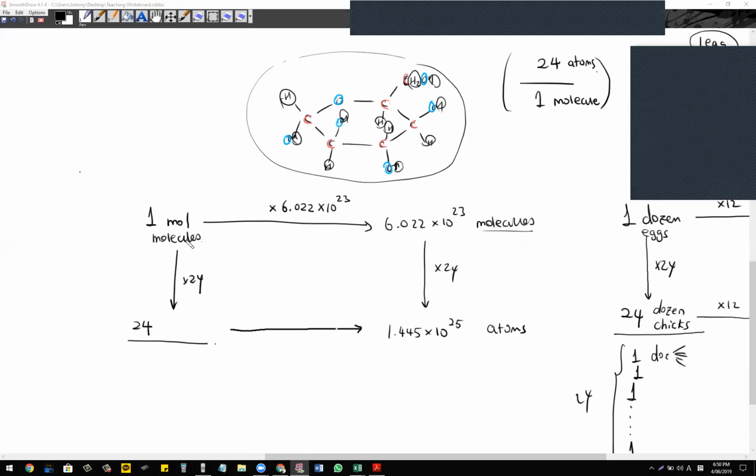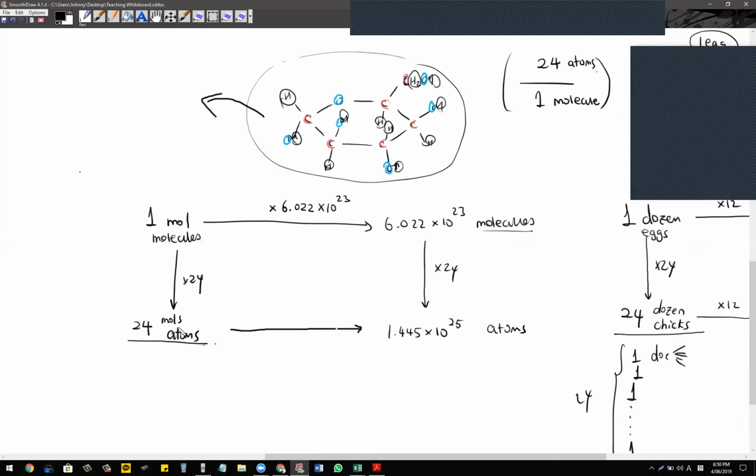So we got out of the molecule. So because inside of each molecule, there are 24 atoms, right? So as soon as you times it by 24, we are coming out of the molecule. So there's no more molecules there, there's now atoms. So there are 24 moles of atoms.